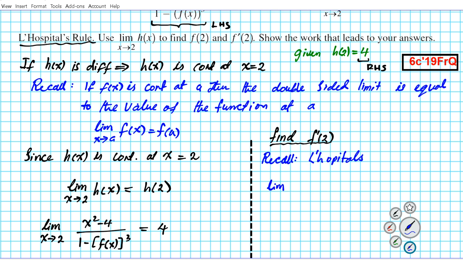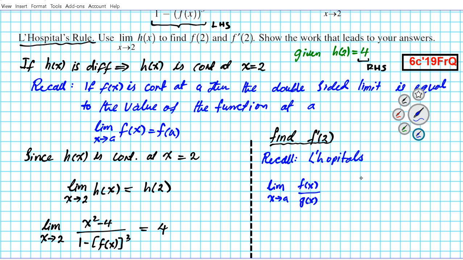If you're looking for the limit as x approaches a of a rational, let's say f of x over g of x, and both of them are differentiable functions, which in this particular case we know they are, this is the same thing as the limit as x approaches a of the derivative of the numerator divided by the derivative of the denominator, f prime of x over g prime of x.